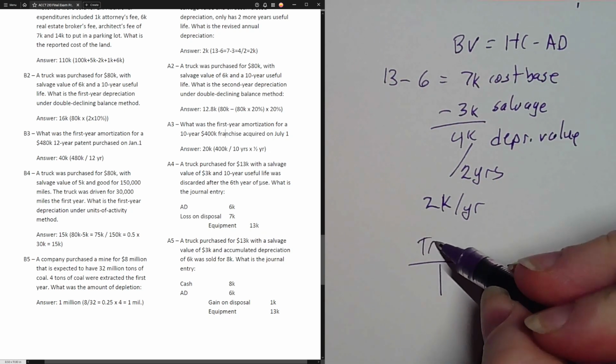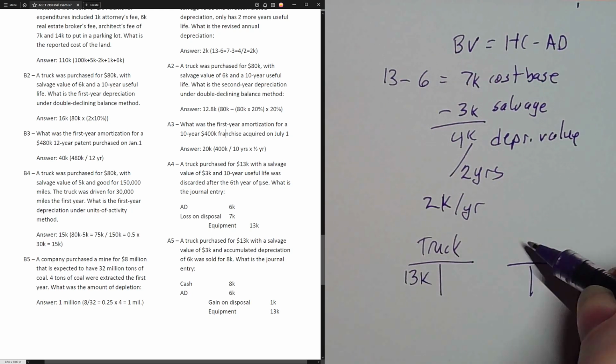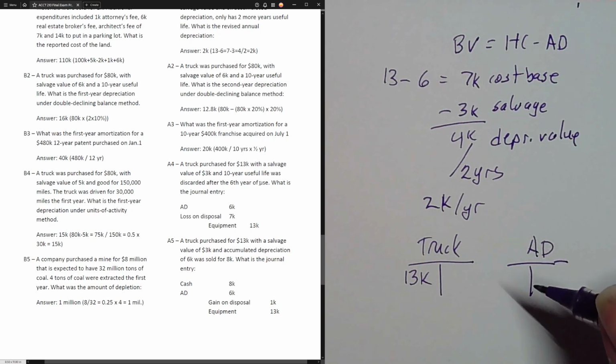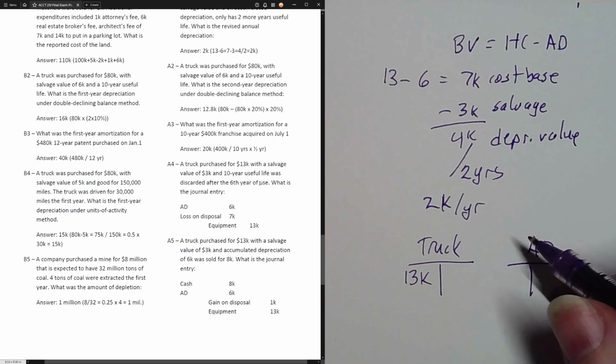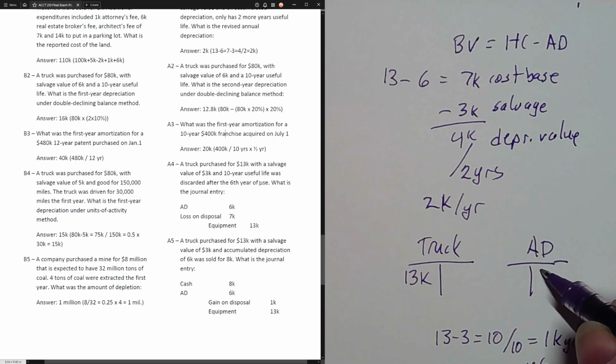We've got a truck account with 13,000 in it, and we've got an accumulated depreciation account. It doesn't say, but if we did 13 minus 3, that would be 10 divided by 10 is 1,000 per year. This is our depreciation, and it's the 6th year. So there'd be 6 years of depreciation in here.